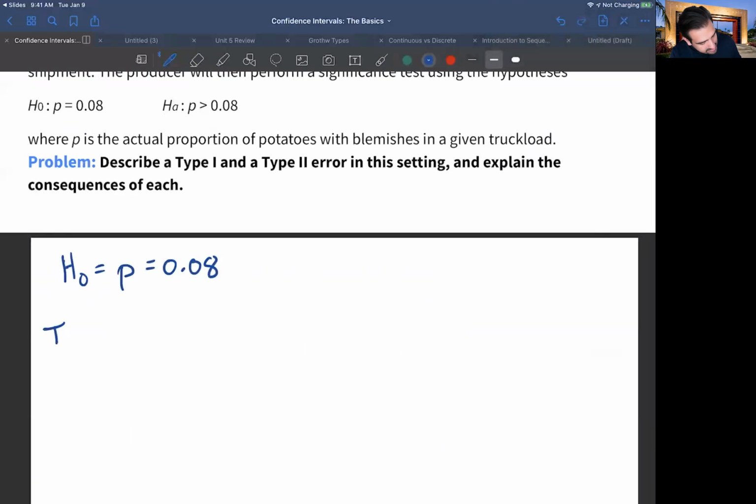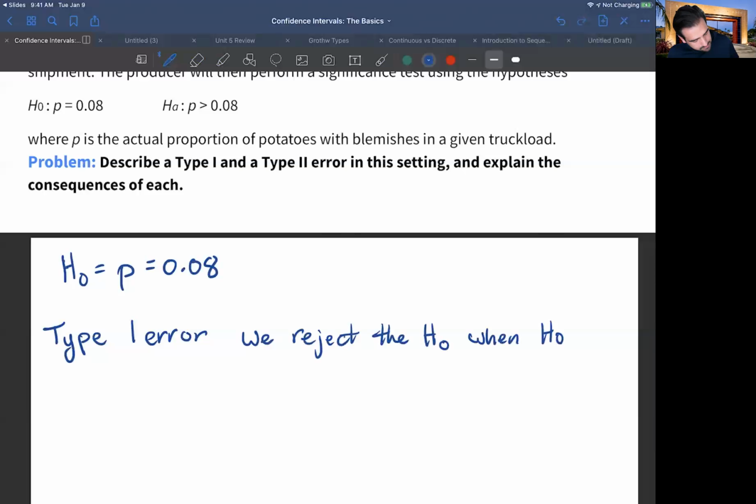So a type 1 error is we reject this claim. We reject that it's 8%, when it's true. Type 1 error is when we're going to reject that claim, given that it's true. So what does that mean?